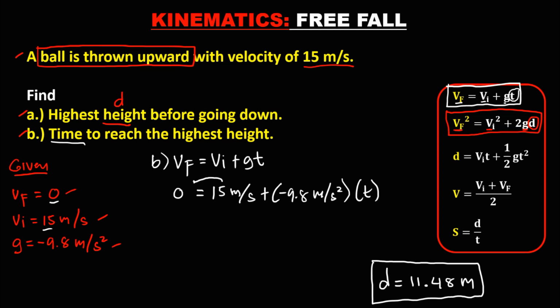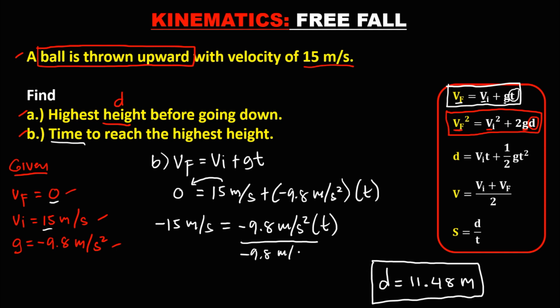Then transpose this positive 15, so this becomes negative 15 meters per second equals negative 9.8 meters per second squared times the time. Then divide both sides by negative 9.8 meters per second squared.